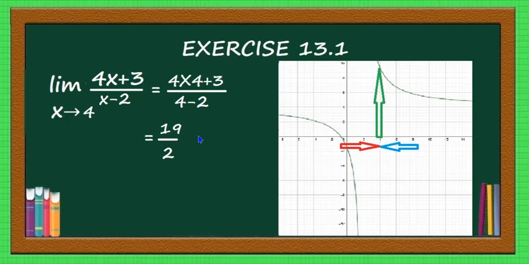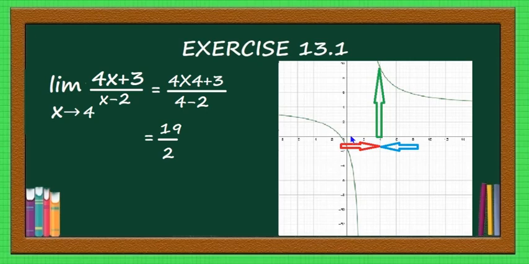When x equal to 2, the function is not defined. But when it is asked to find the limit of the function, here limit does not exist, because you can observe as x approaches 2, f of x is approaching a large positive number if x is approaching 2 from the right side of 2.